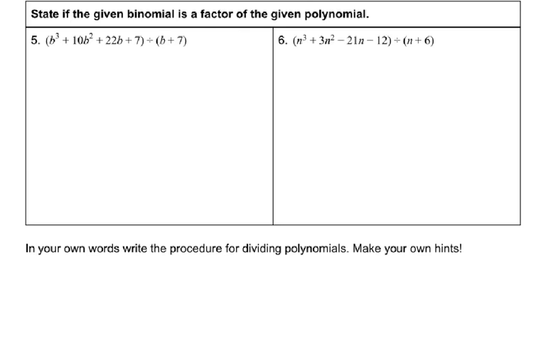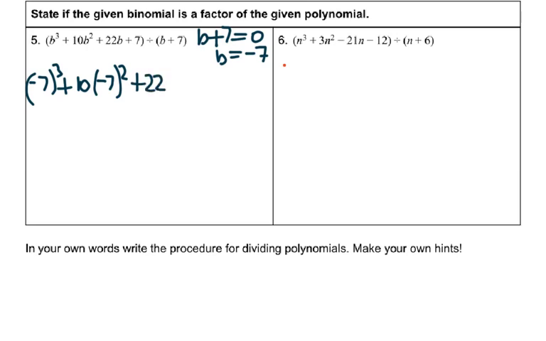So in example number 5, I'm dividing by b plus 7. So first I want to solve this for a potential 0. So I'm going to set this factor equal to 0, which means b is negative 7. And the way I'm going to check, I'm going to substitute negative 7 for each b into my dividend. So I'm going to plug in negative 7 and cube it, plus 10 times negative 7 squared, plus 22 times negative 7 plus 7.